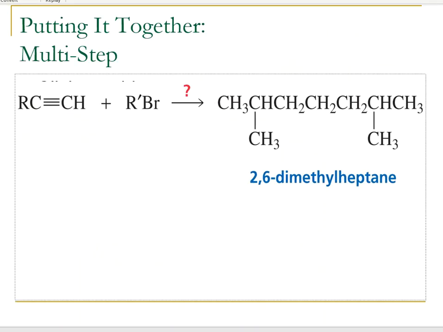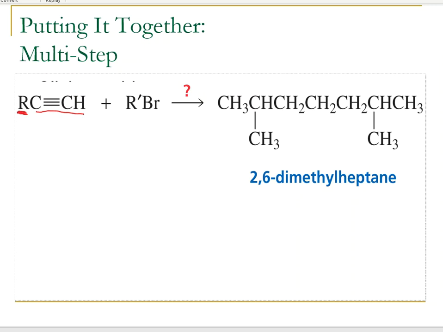Here's another example. Here's a triple bond. And it wants you to take that triple bond, but look, R group. They're going to let you make that decision on what you want to add, but you have to use a terminal alkyne. That is why they wrote a CH out here.